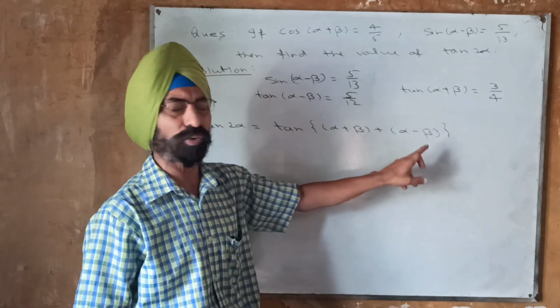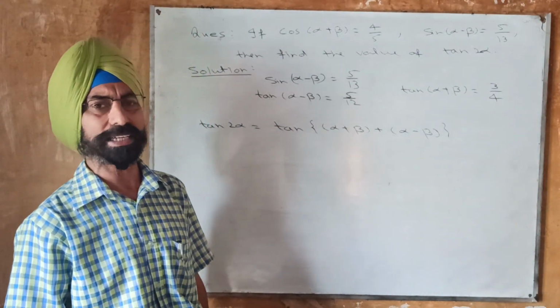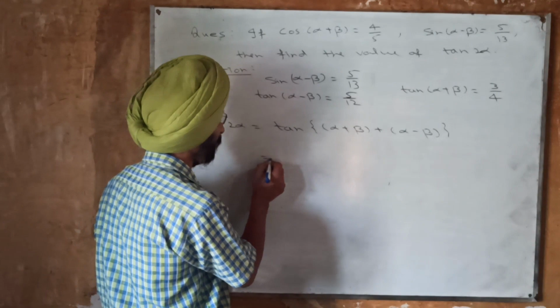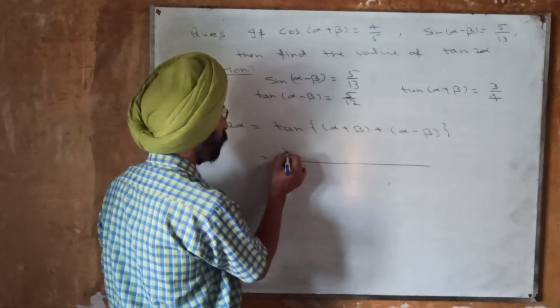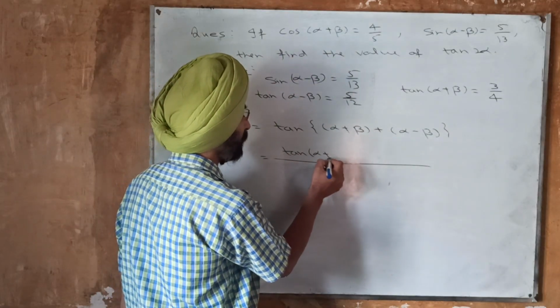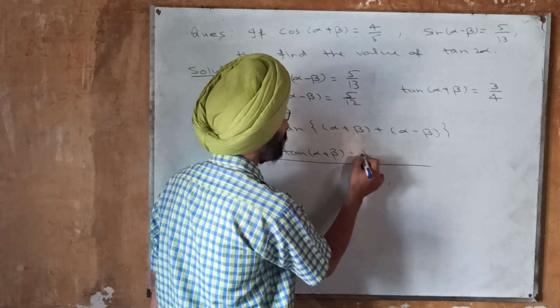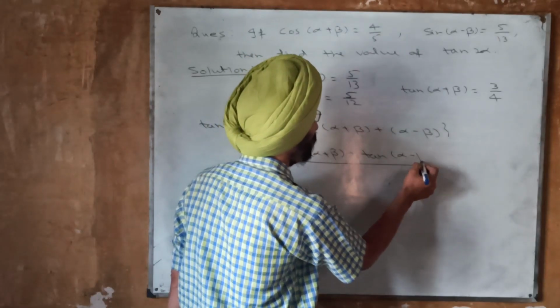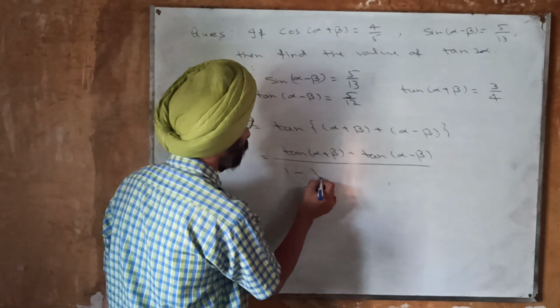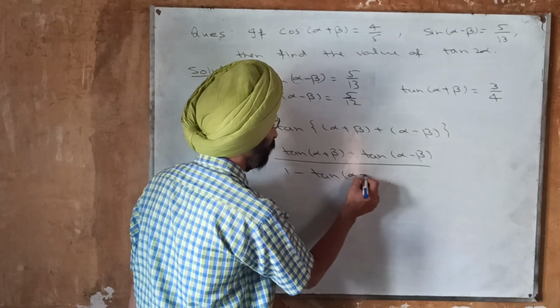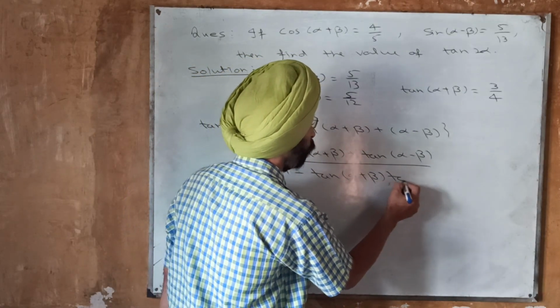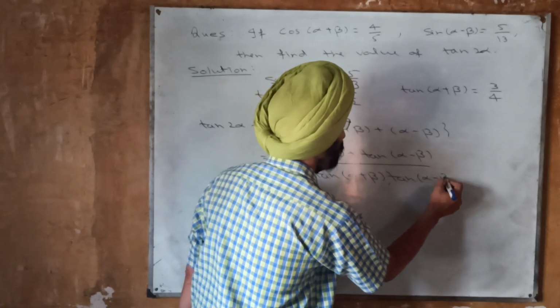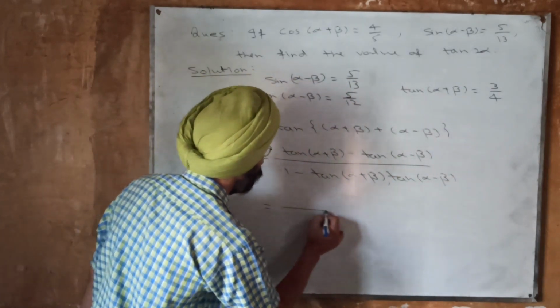Tan(x plus y) is (tan x plus tan y) upon (1 minus tan x tan y). So I am applying the formula. So it is tan x, meaning alpha plus beta, plus tan y, meaning alpha minus beta, over 1 minus tan x, meaning alpha plus beta, tan y, meaning alpha minus beta.